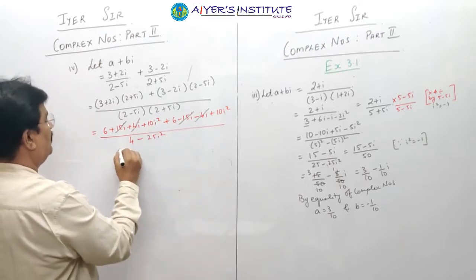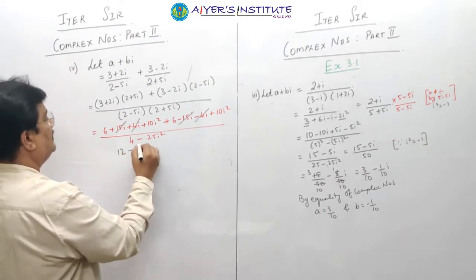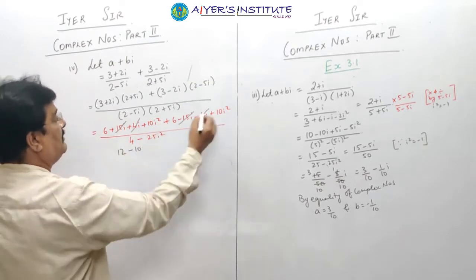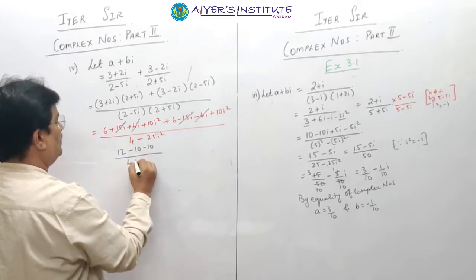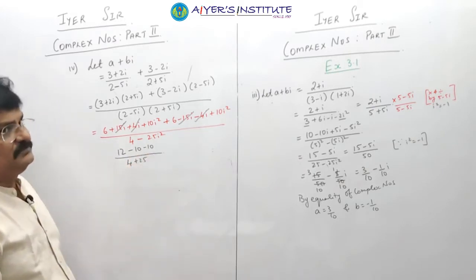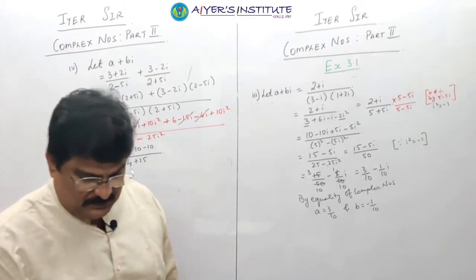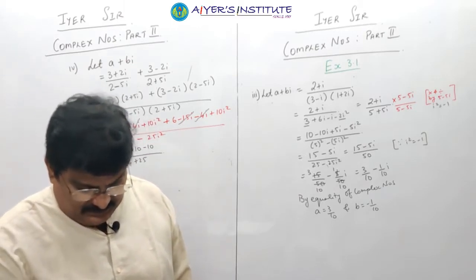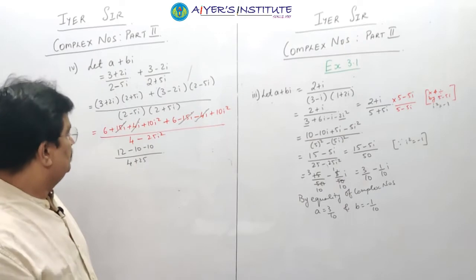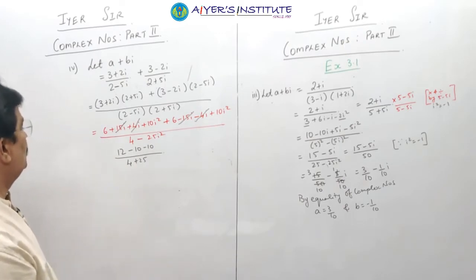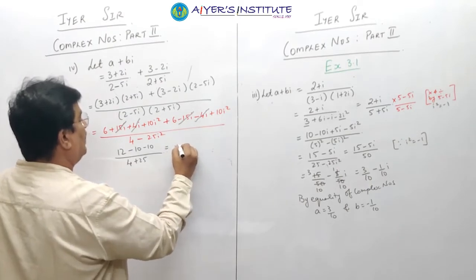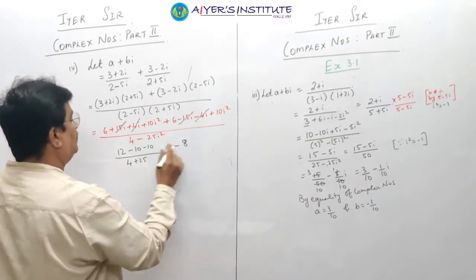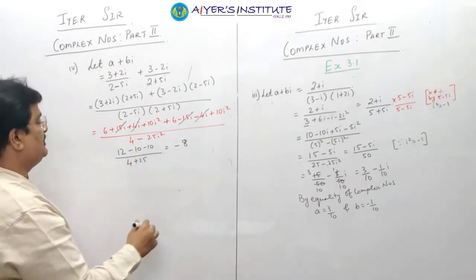So we get 12 minus 10 और इसका भी minus 10 upon 4 plus 25. So 10 and 10 will be 20. So you get minus 8, because minus 20 plus 12 will be minus 8.